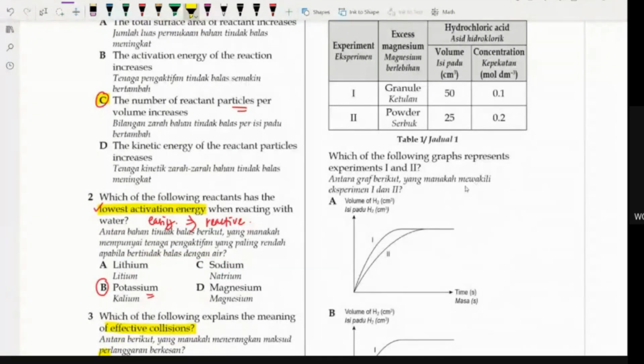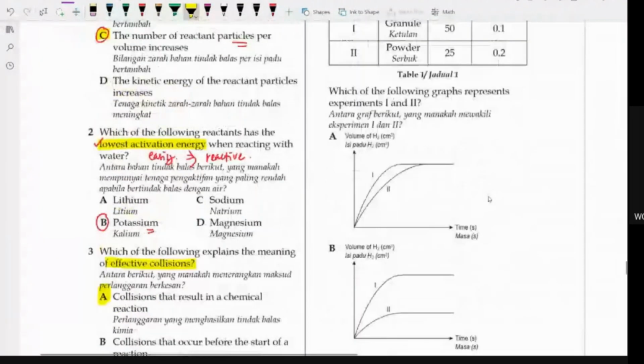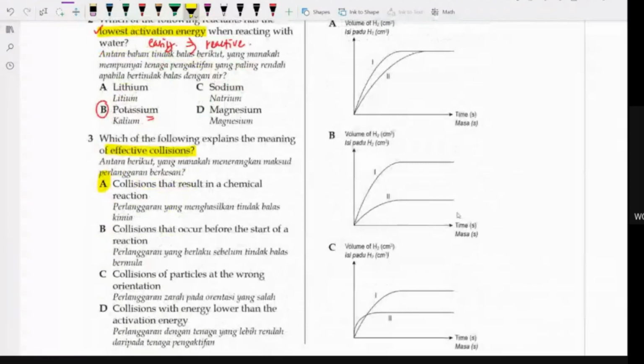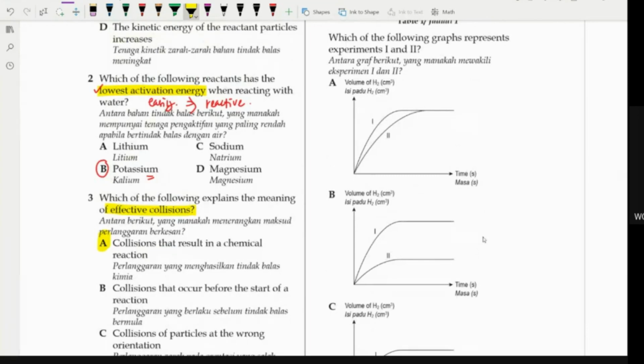Okay, Janice chose C. How about the others? All choose C? Okay, Suyang also chose C. How about the others? Any other answer? Wen-Xin?